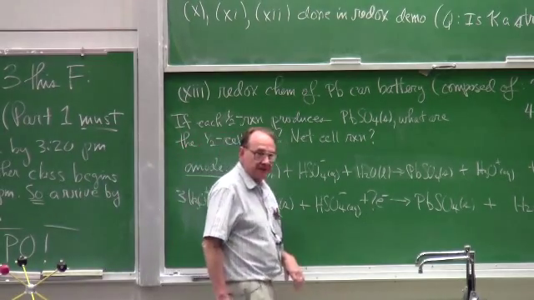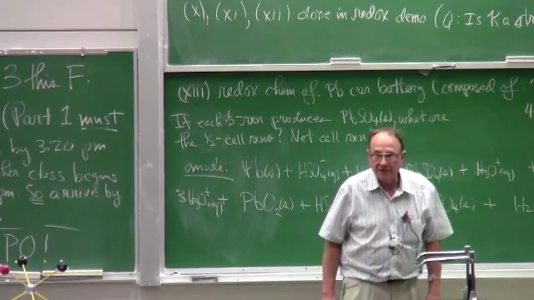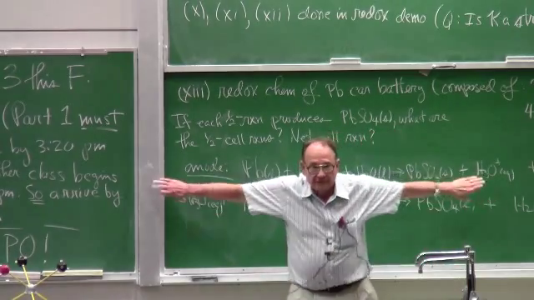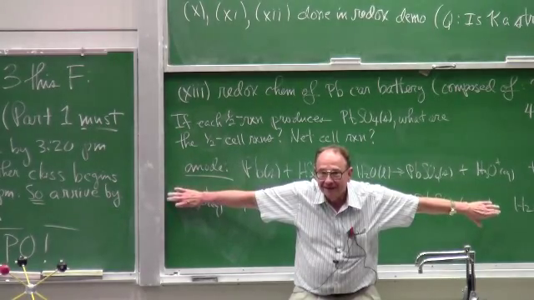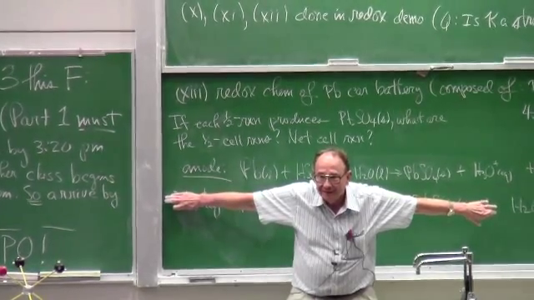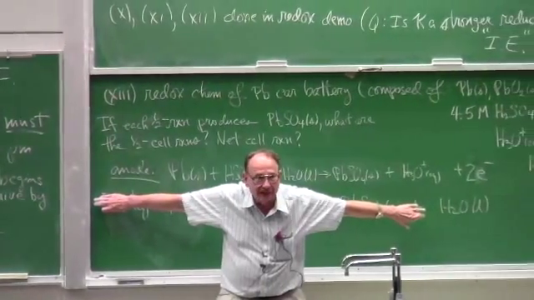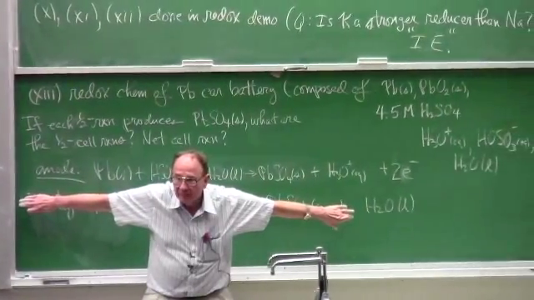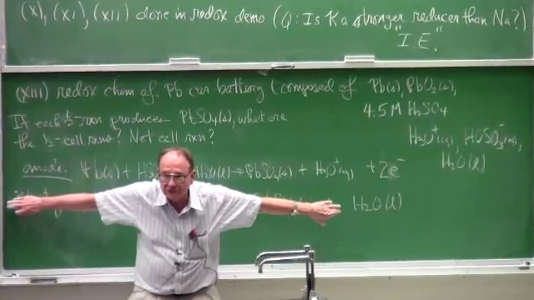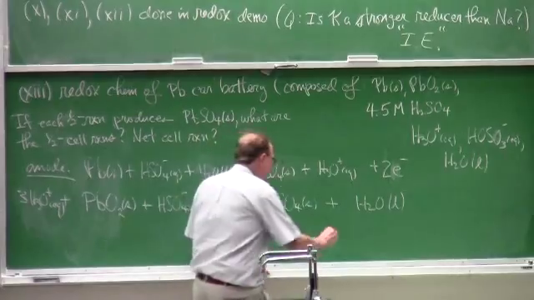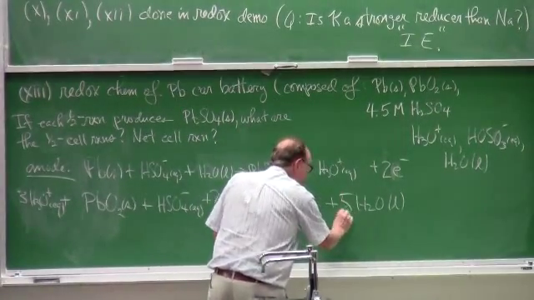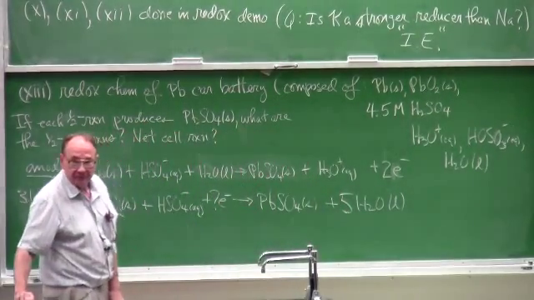So the remaining part is, how many waters are we making? How many? We pulled H+ from 3 hydronium ions, and along with the H+ we got from the hydrogen sulfate ion, we converted 2 oxide ions to water. 5. You do have to be able to count.